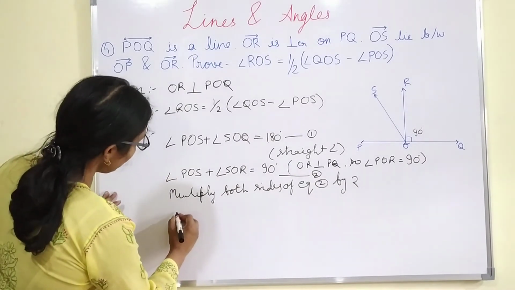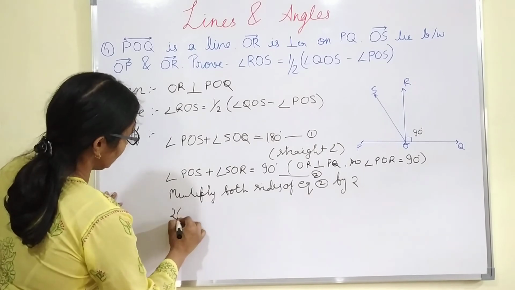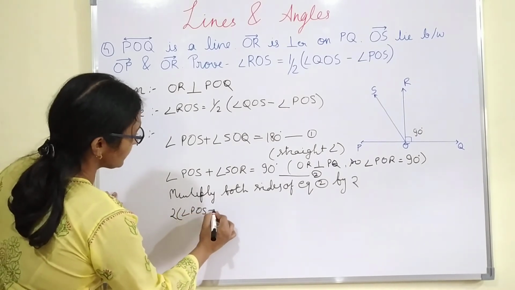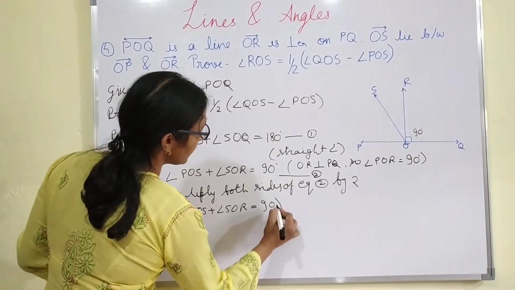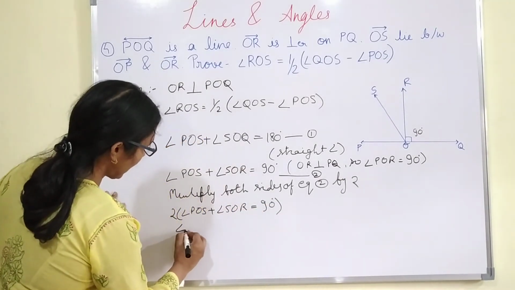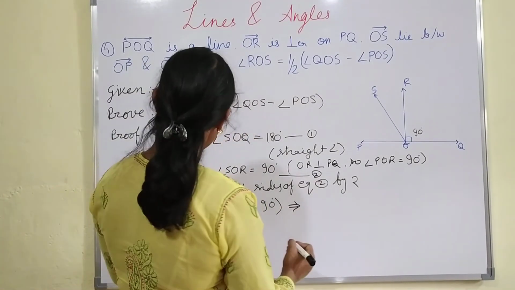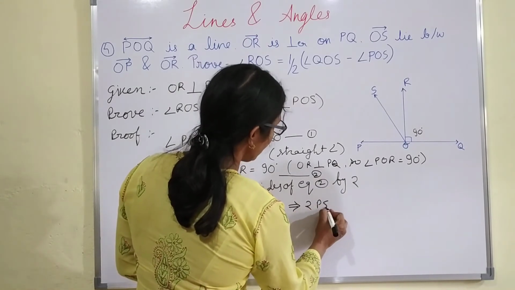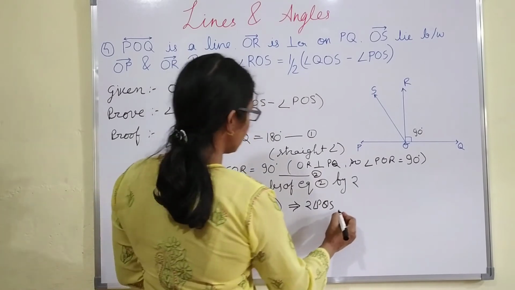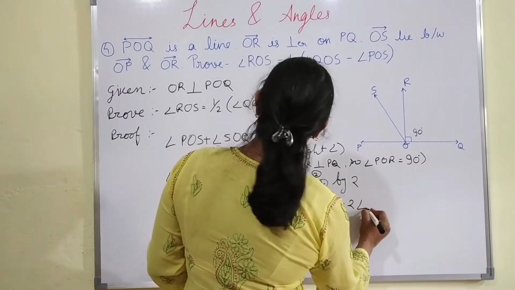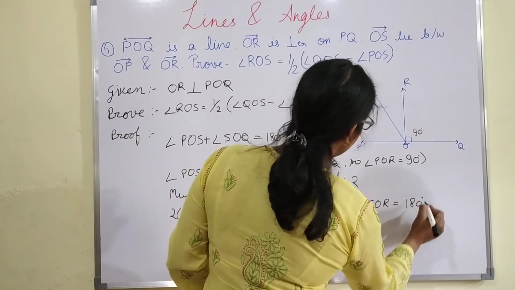So it will become twice of angle POS plus twice of angle SOR equals 180 degrees.